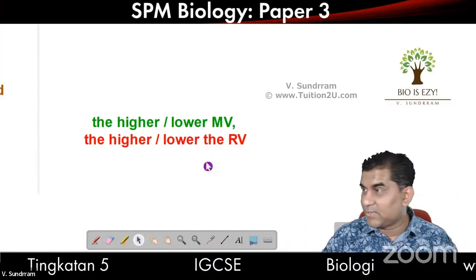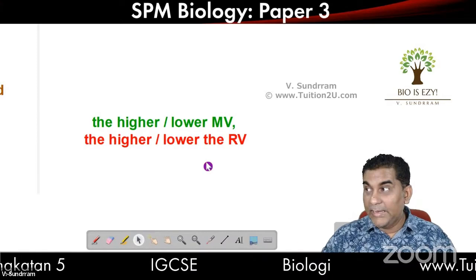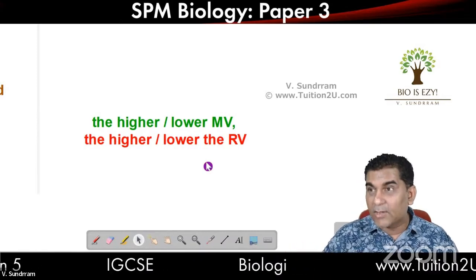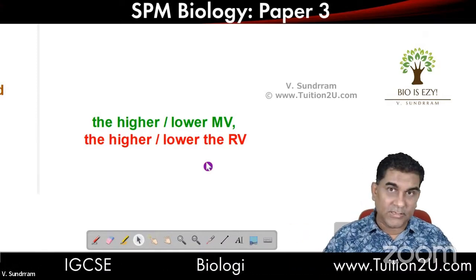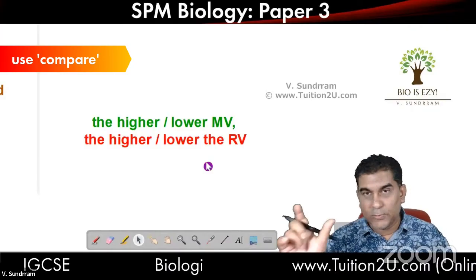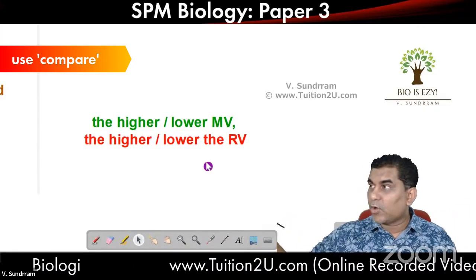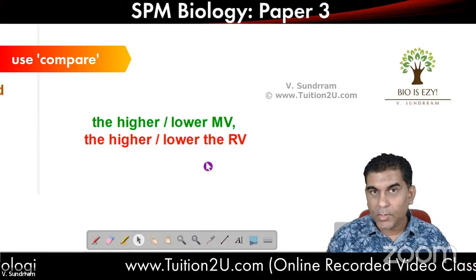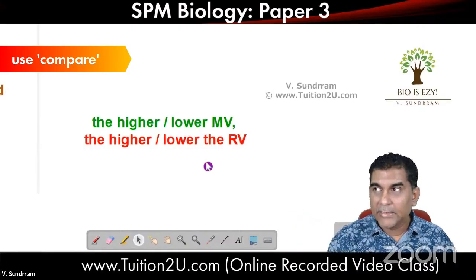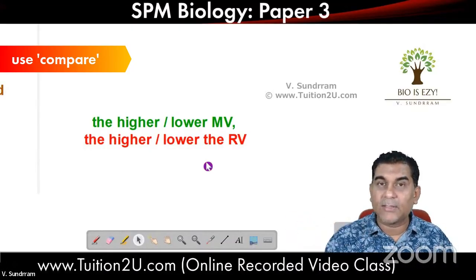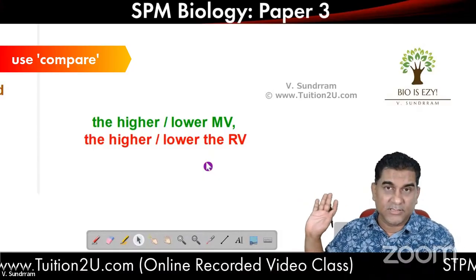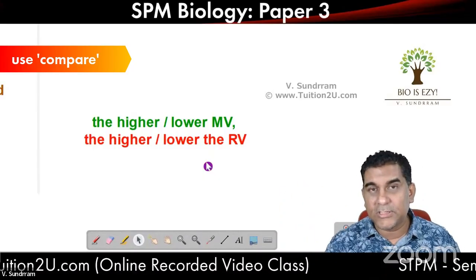That sounds very funny. In situations where you cannot use the higher lower combination, that's when we use the word compare: cashew nut has higher energy value compared to groundnut. So keep that compare in mind. Anytime you can't create a hypothesis using this technique, try to create one using the word compare.